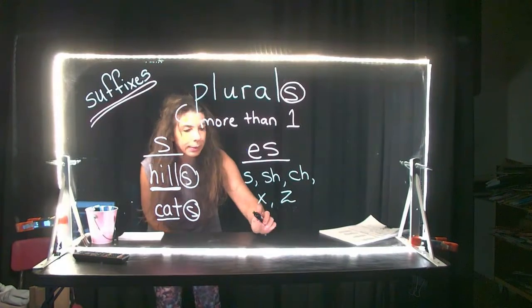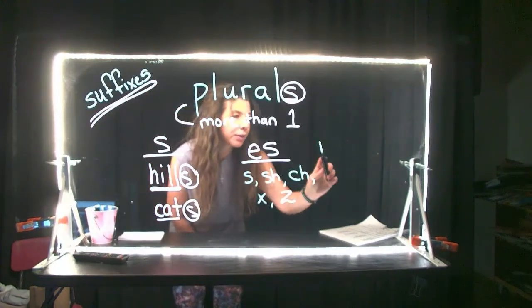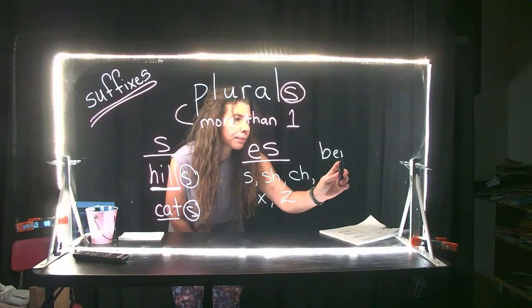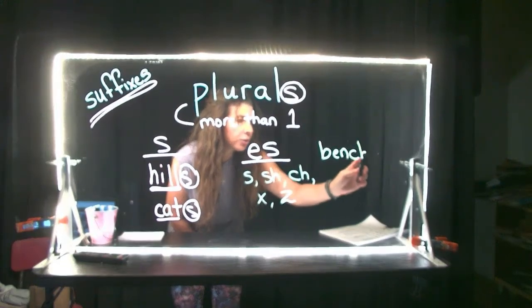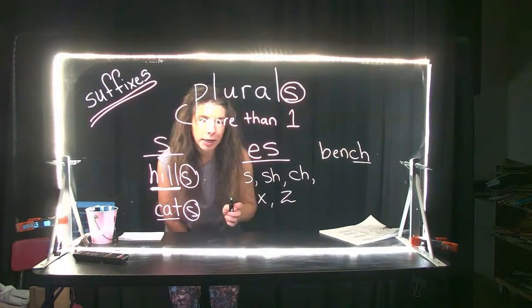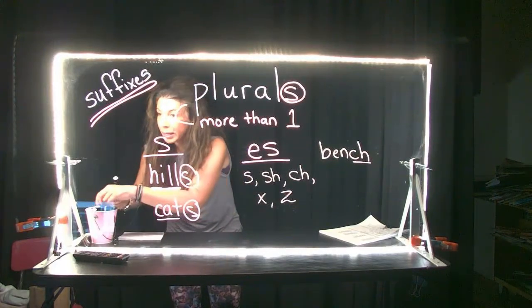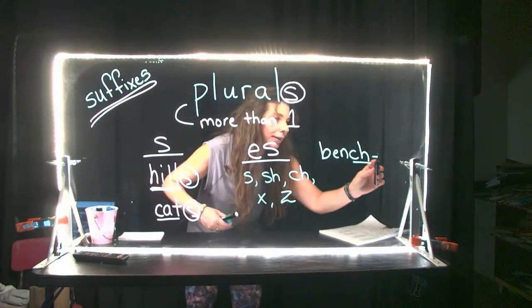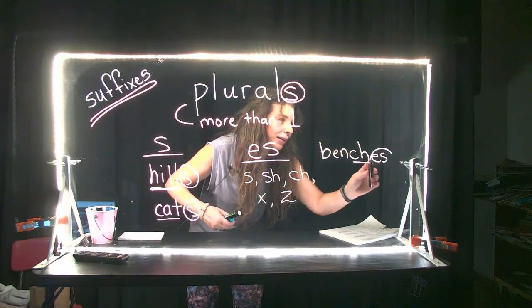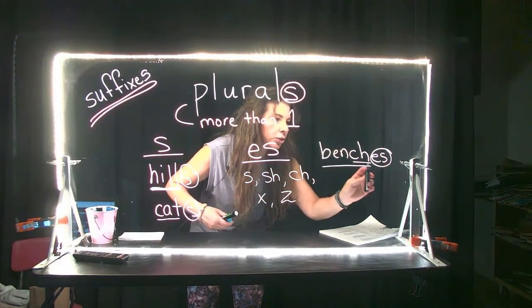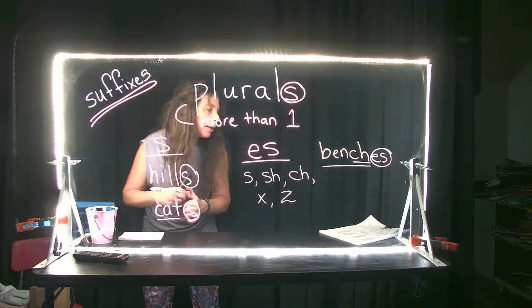So, for example, in the word benches. Bench has a ch digraph, so to make it more than one bench, you have to add an es suffix. Benches. Bench is your base word.